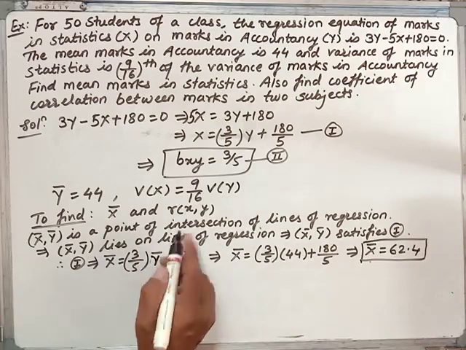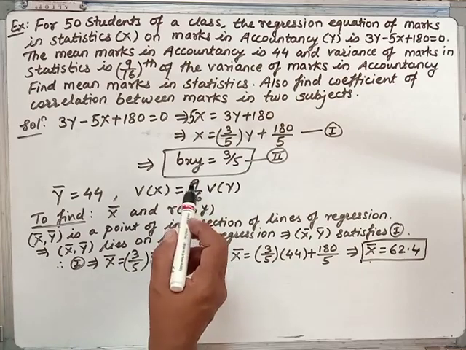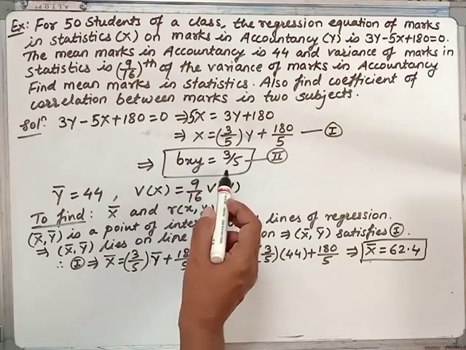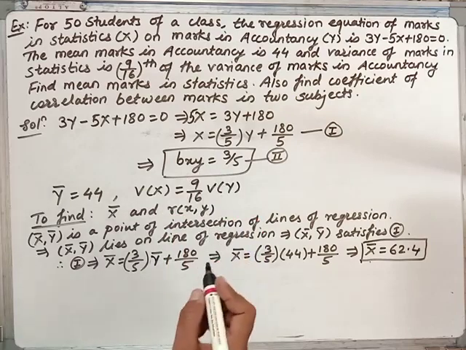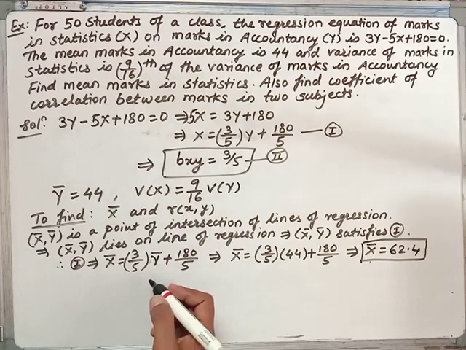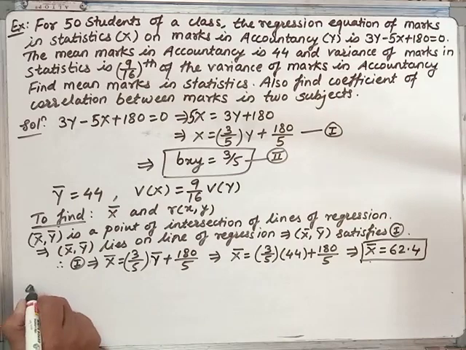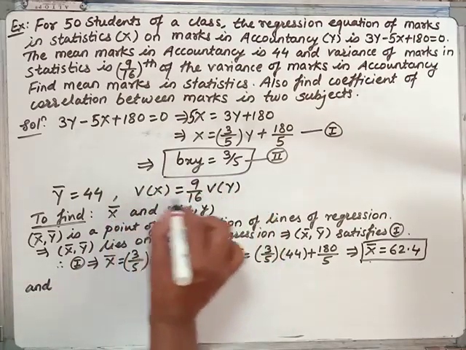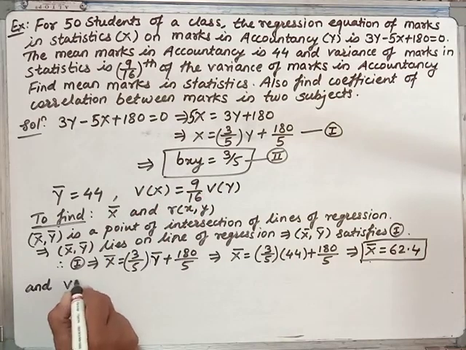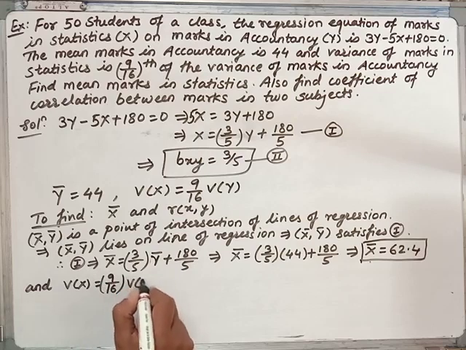Okay. Now what is another part we have to determine? The correlation coefficient. For that we can use the result bxy is equal to r into sigma x by sigma y. But for that we don't have sigma x as well as sigma y, so let's find them first. Another thing is given. Using this, variance of x is equal to 9 by 16 times variance of y.